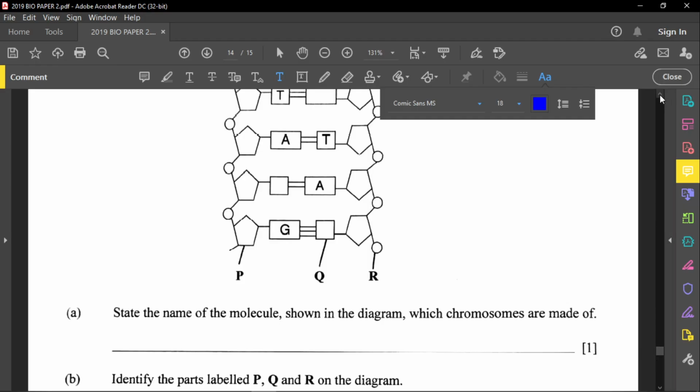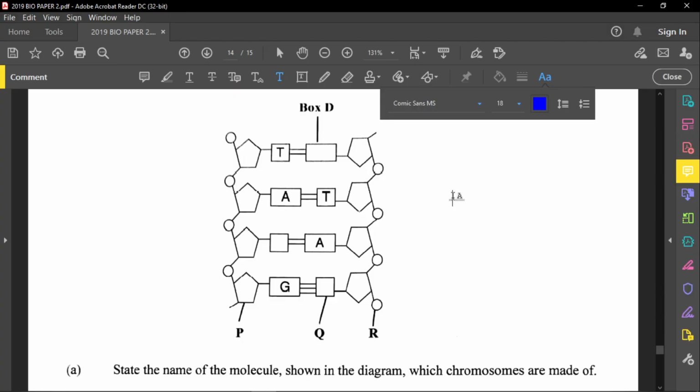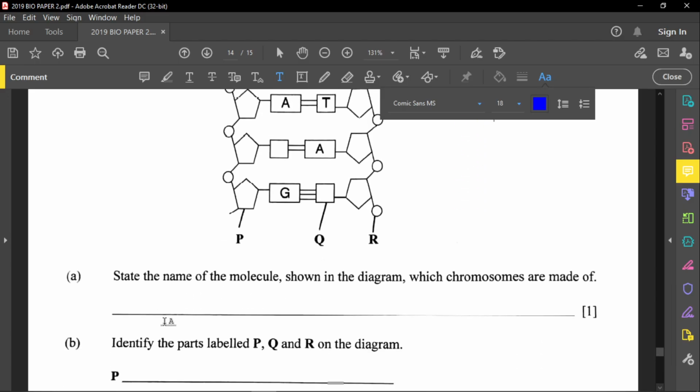This chromosome is made up of this structure, and this is called DNA. I'll point out the structure of DNA real quick. So the answer here is DNA.